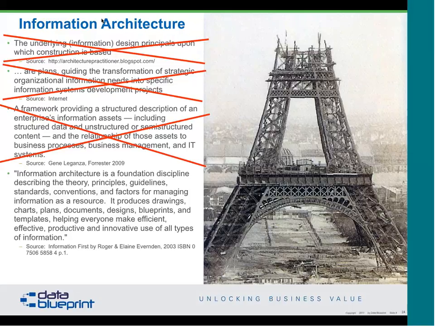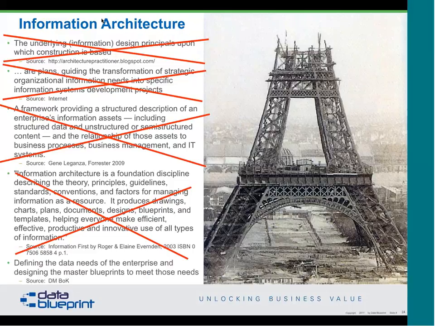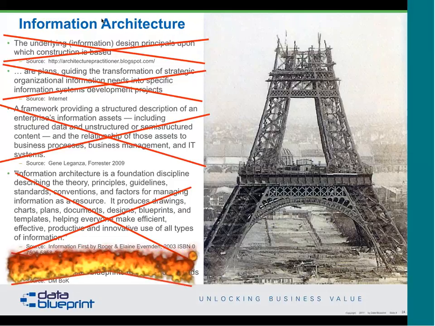Now, if you just went to the bottom part of that and said, well, I help everybody get more efficient, that's actually probably pretty close, but sorry, that doesn't work there either. Even our Dimbach definition here, which I think is something good enough to criticize, defining the data needs of the enterprise and designing the master blueprints to meet those needs, yeah.